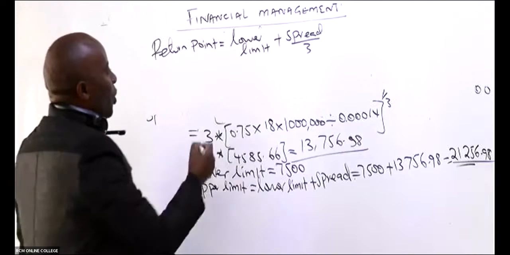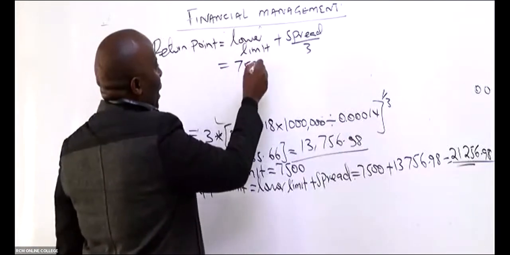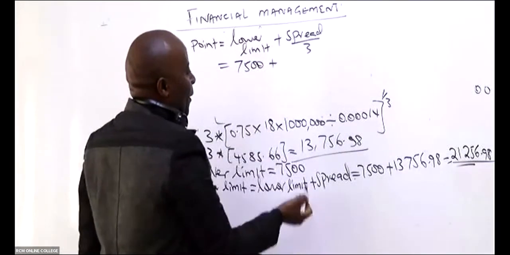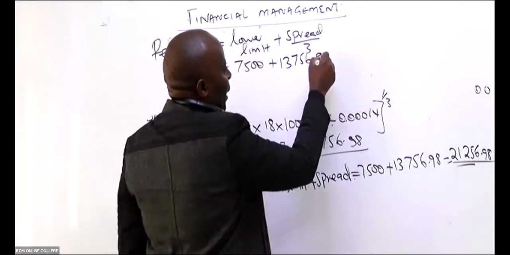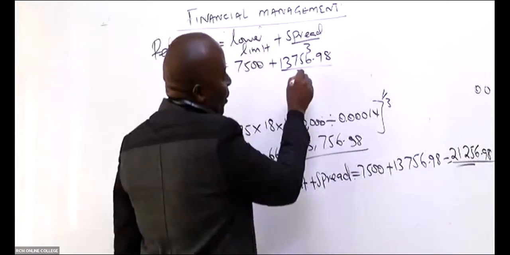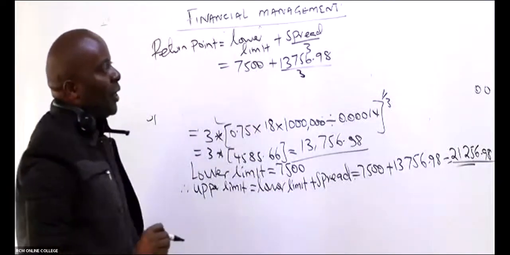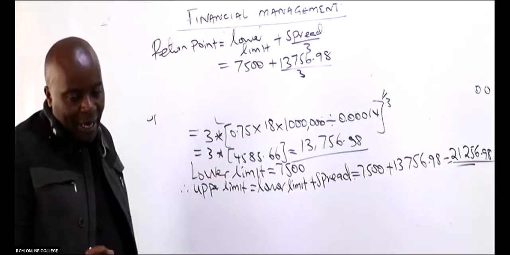Yeah, so we have our lower limit, which will be 7,500 plus our spread, which is 13,756.98. This one only is the one that you divide by 3. That one only is the one we divide by 3.